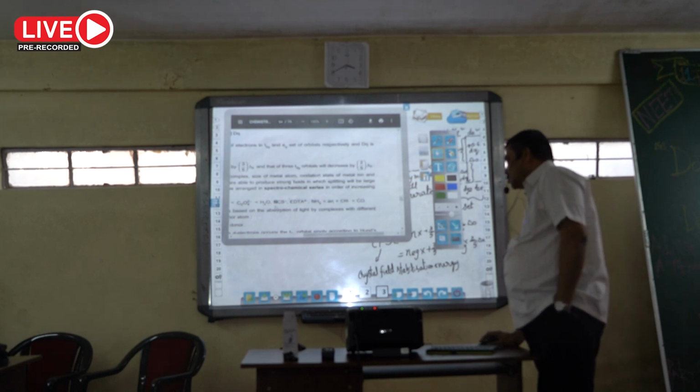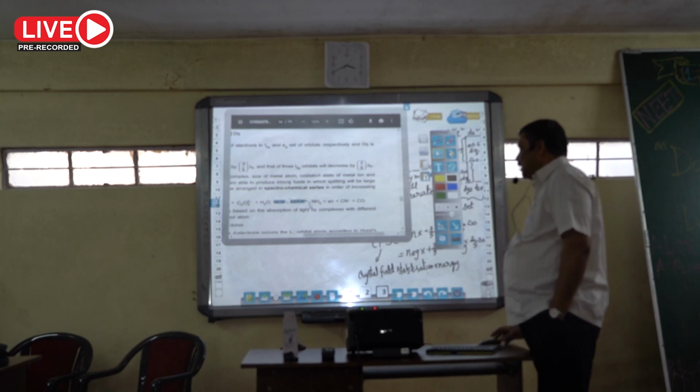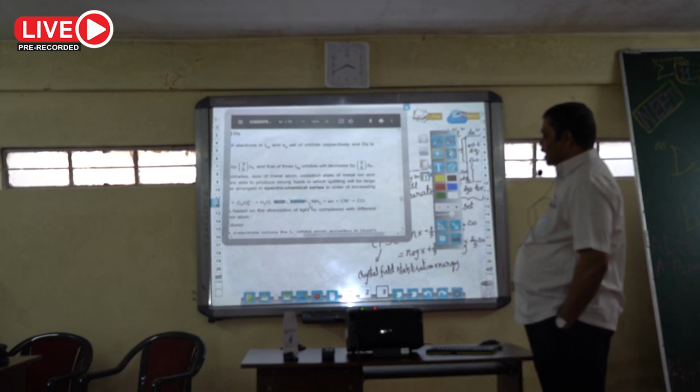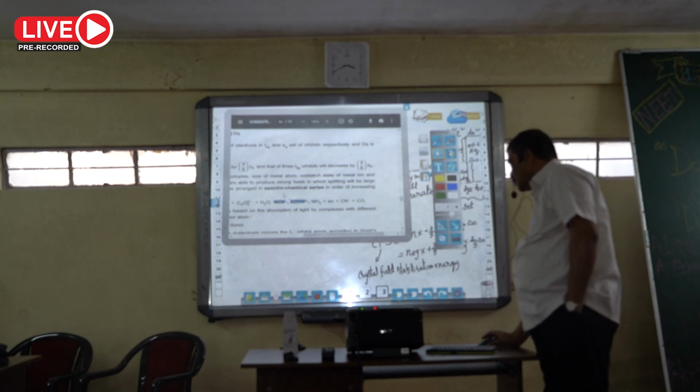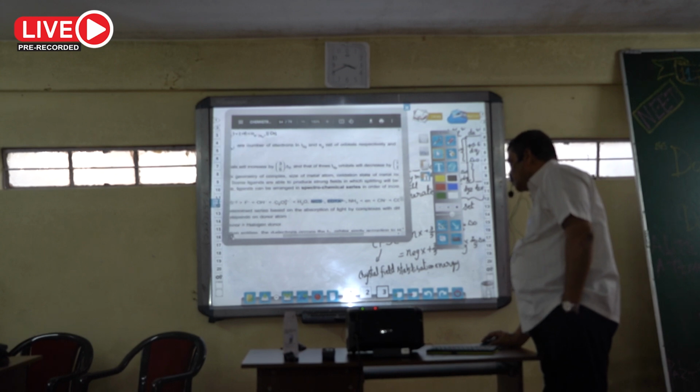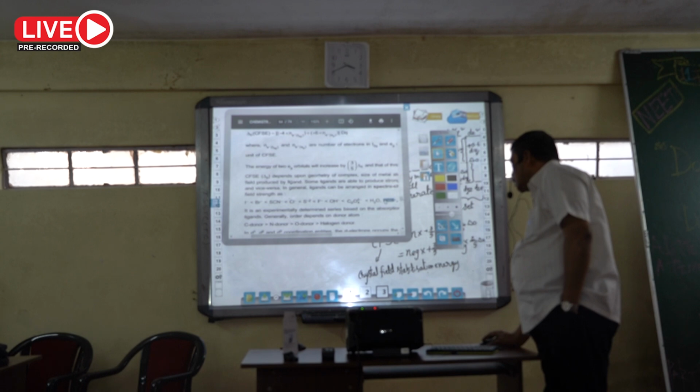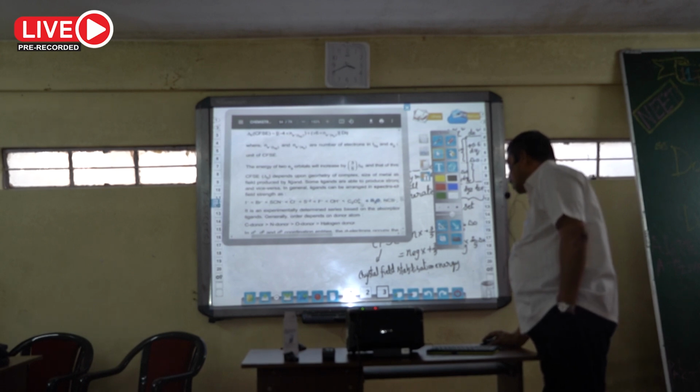These 2, NCS and EDTA, are moderately strong. From water onwards, water, oxalate, OH, F, all these are weak field ligands.